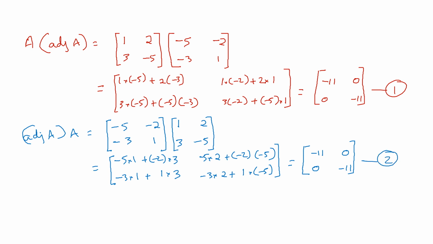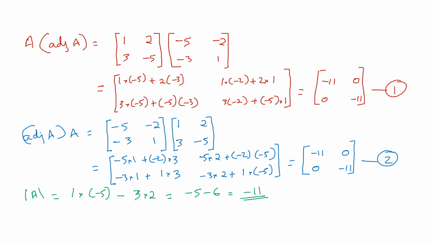Next we want to find the determinant of A. How to find the determinant of A? You have the given matrix A, that is [1, 2; 3, minus 5]. How to find its value? 1 into minus 5 minus 3 into 2, that is minus 5 minus 6, which is equal to minus 11.